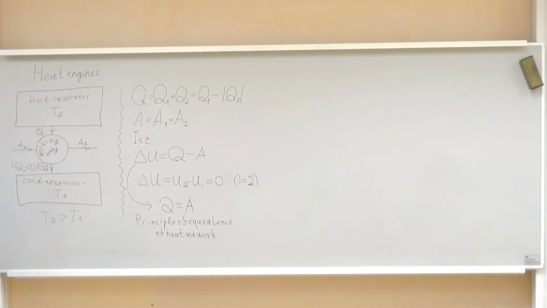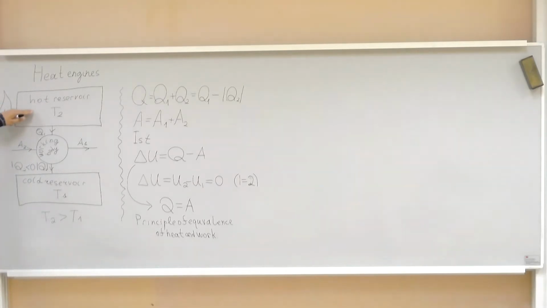There are several points, and the main one is that typically the hot reservoir takes its energy from the burning of fuel. Let me take some kind of candle here.